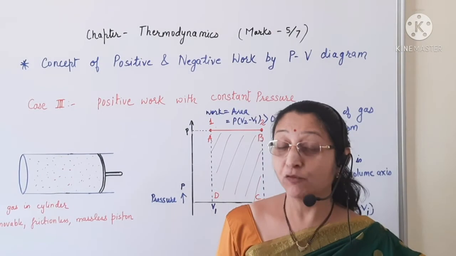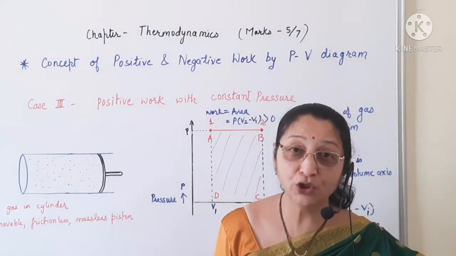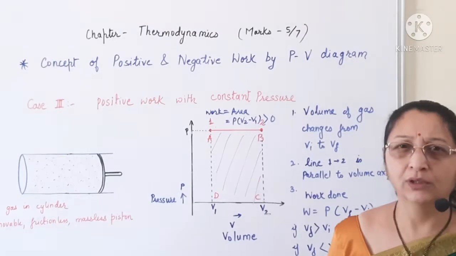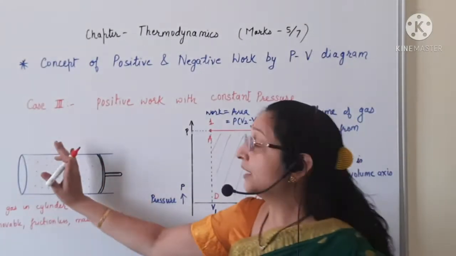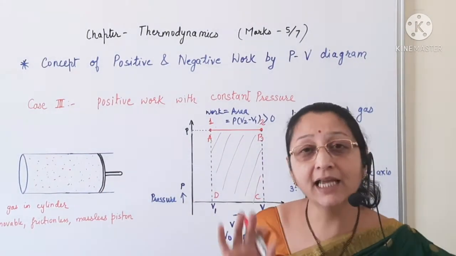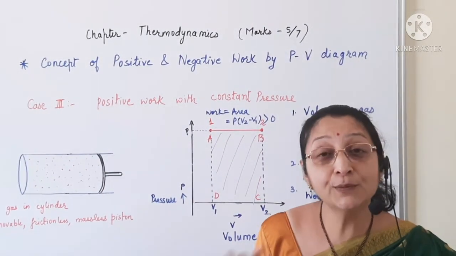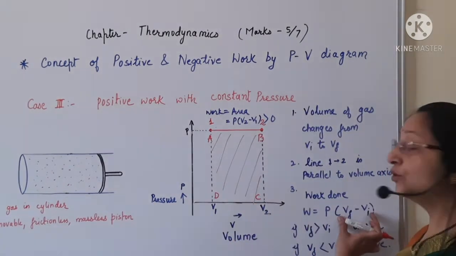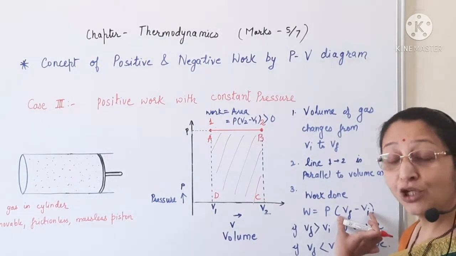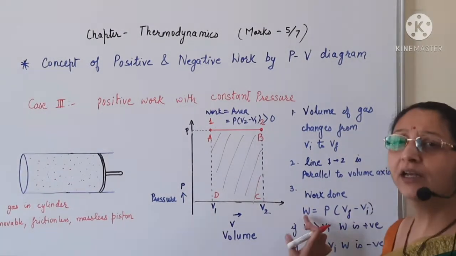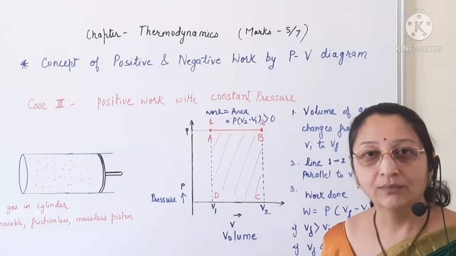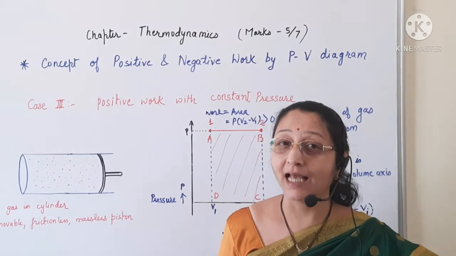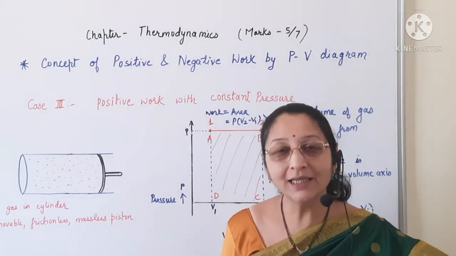The next case, case 4, is that Vf minus Vi is 0, that is, there is no change in volume of the gas and no displacement of the gas molecules. In such a case, the work done by the gas will be 0. We can conclude that the work done by the gas at constant volume is 0.